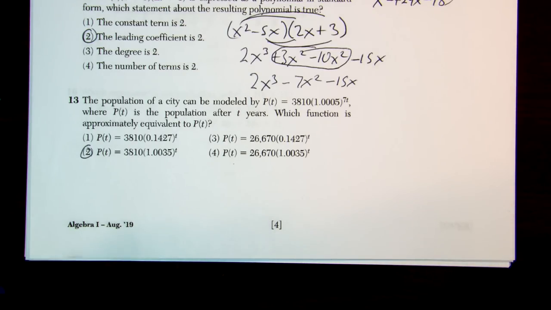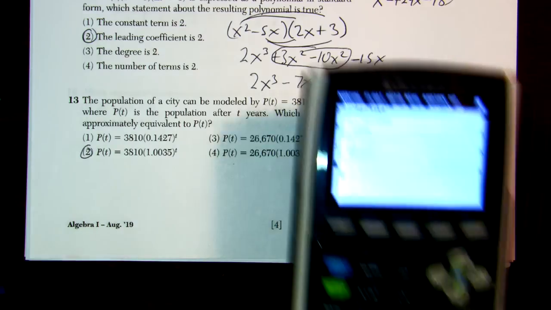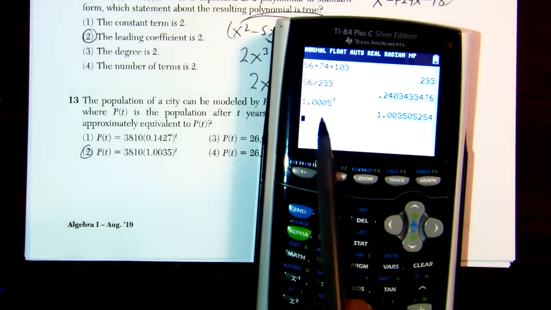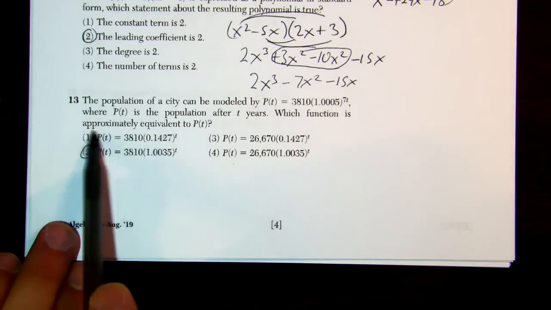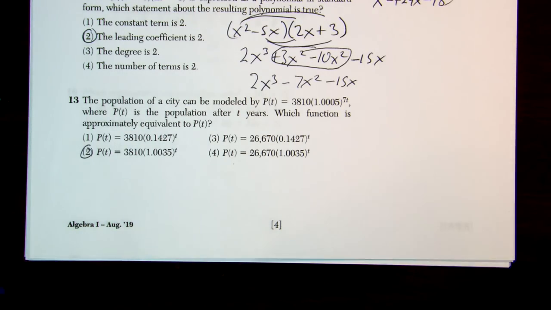And why don't we just make sure that 1.0005 to the 7th, and when you look at it, is your 1.0035. Okay, and don't forget it says approximately, so we are allowed to round.